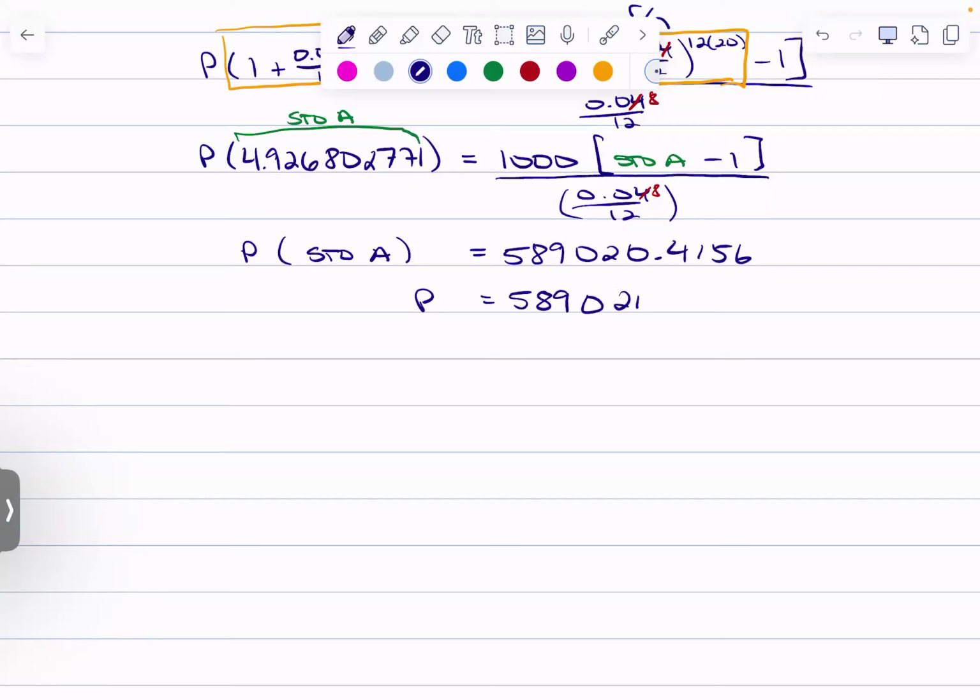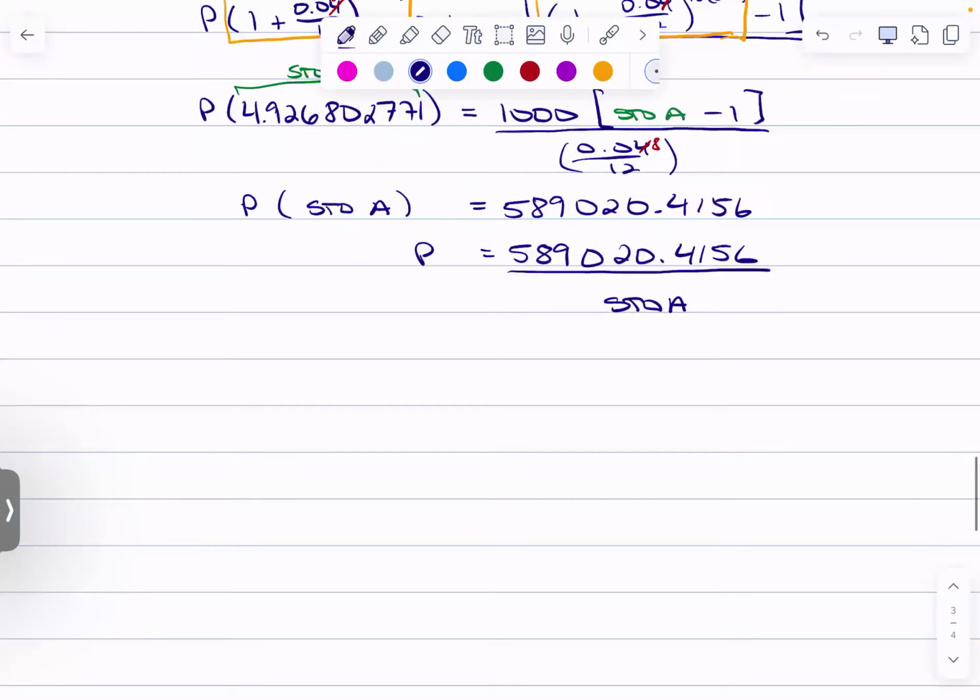Divided by store A. 1,19554.2917. In monies, $119,554.29.